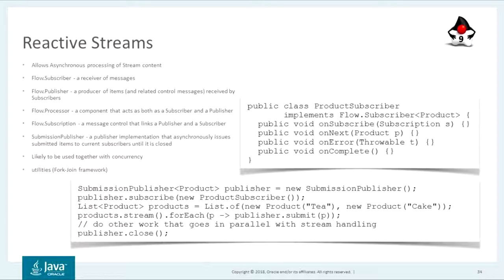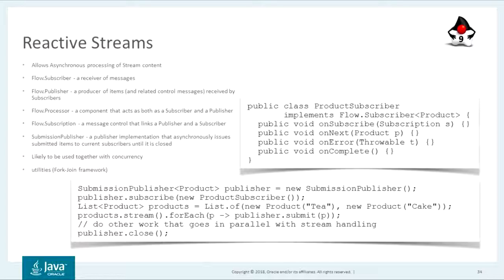And you basically can create a subscription and supply the subscriber to process the content of the stream. So a subscriber can receive content and process that. It's important that these are non-blocking calls, processing the content of the stream in a separate thread, essentially. A publisher can create content in the stream, again in a separate thread. A processor can do both, subscribe and publish elements to the stream. So it's an asynchronous way of processing the stream content.